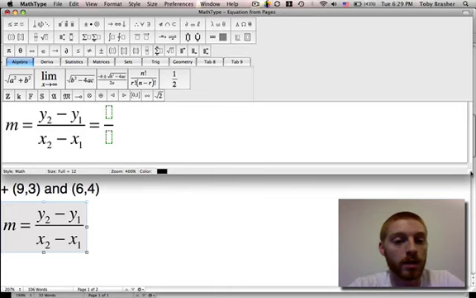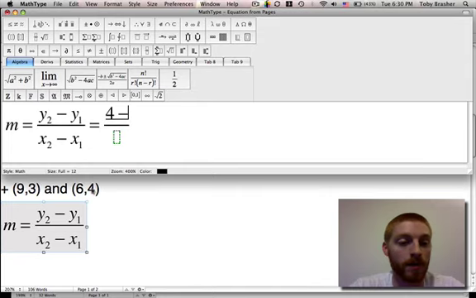So I would need to know that my y2 is my second y value. This is my first group because it's the first one I come onto when I'm going from left to right. So I go to my second y, which is 4, minus my first y, which is 3, over my second x, which is 6, minus my first x, which is 9.